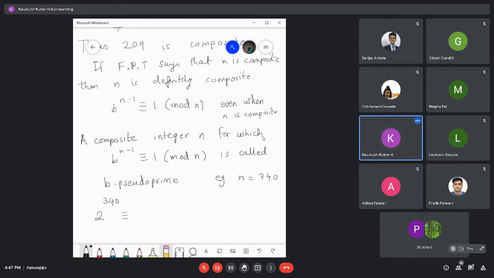If you test it, 2 raised to 340 is congruent to 1 mod 341, whereas 341 is actually composite, it is 11 into 31. So 341 is a 2 pseudo prime.